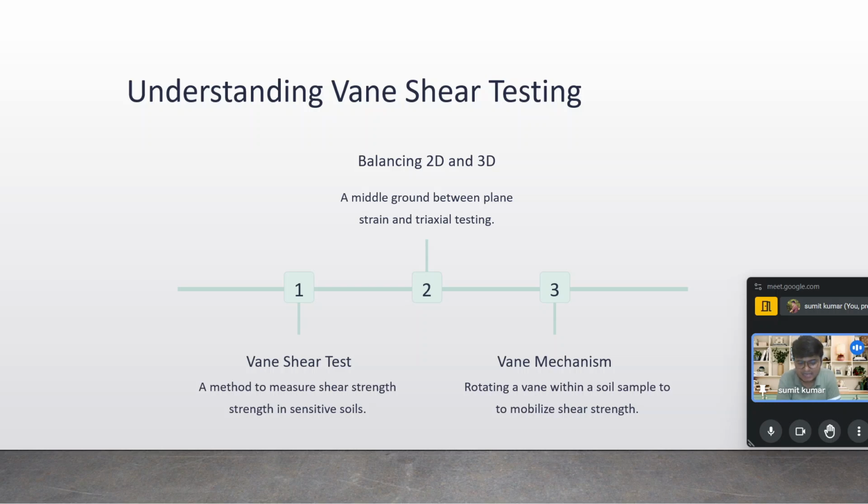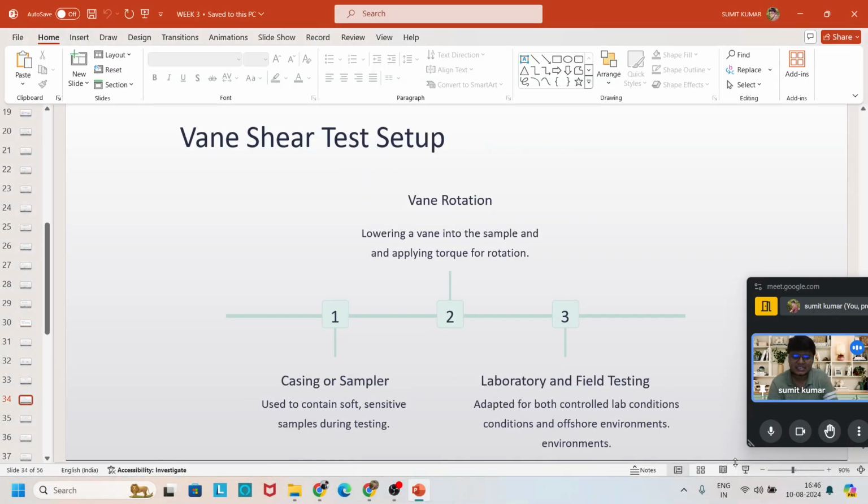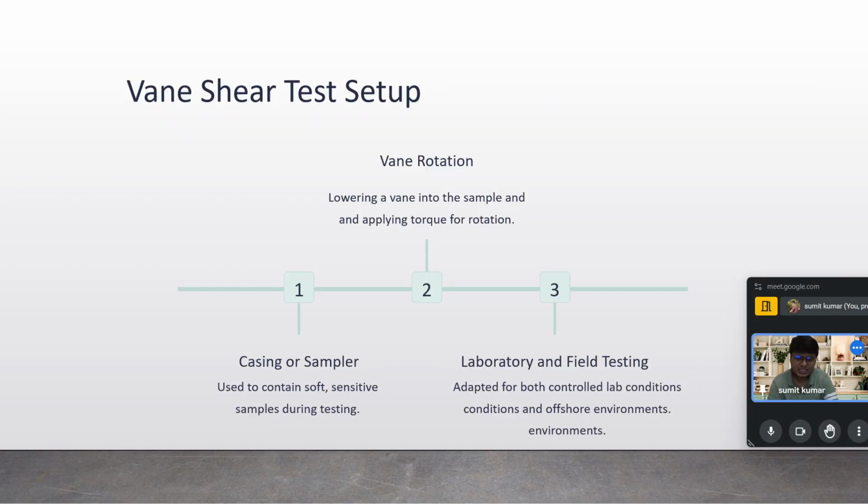There is a mechanism applied, said to be the vane mechanism, in which a vane is rotated within the soil sample to mobilize the shear strength. Over here, the interrelation is also used to find the sensitivity of the soil. For the setup, first of all a casing or a sampler is needed, which is used to contain the soft and sensitive samples during the testing.